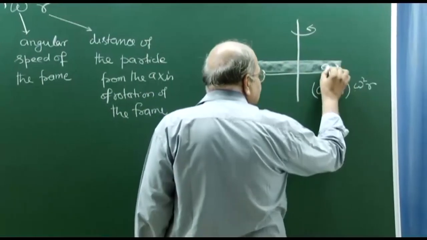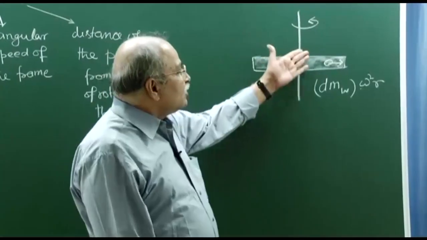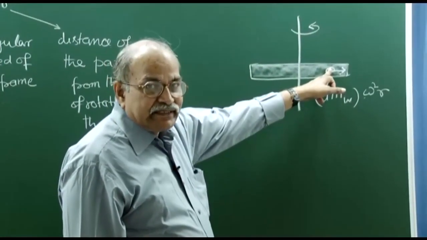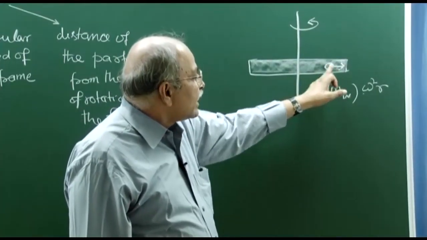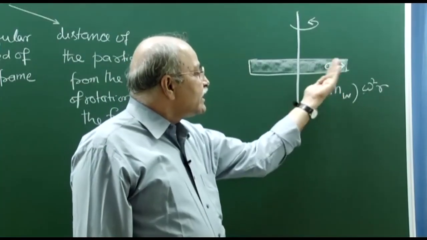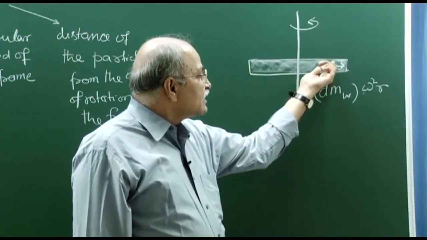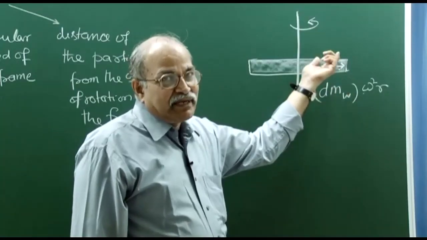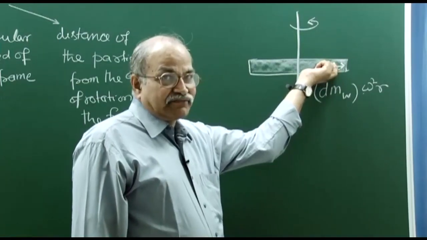This centrifugal force acts in this direction, but in that non-inertial frame this water mass is at rest, and hence the real force which comes because of the pressure difference here and here, pressure is more here, pressure is less here. So, there is a net force towards the center because of this pressure difference, and that must balance this, so that it remains at rest. This water mass remains at rest in this non-inertial frame.